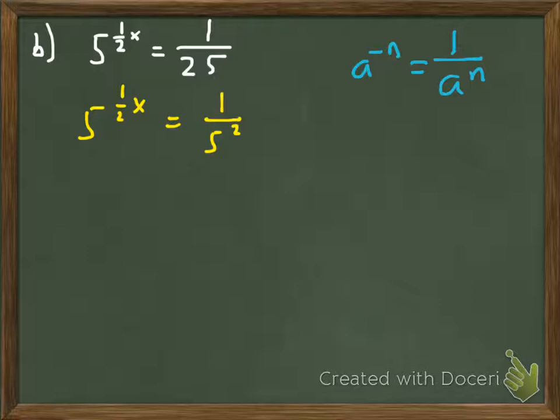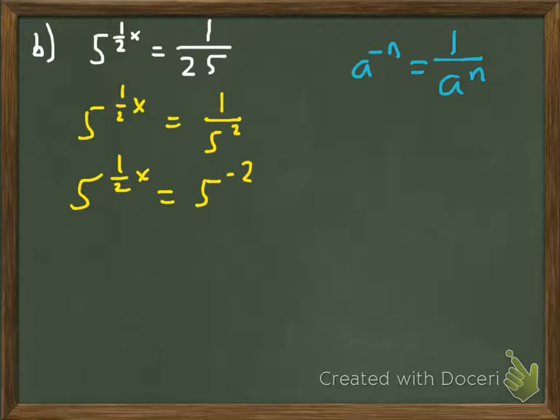In other words, we can write 1 over 5 squared using a negative exponent. That's going to be very helpful, because now we'll have both sides of the equation written as powers of the same base. That'll be 5 to the negative second power on the right side of the equation.